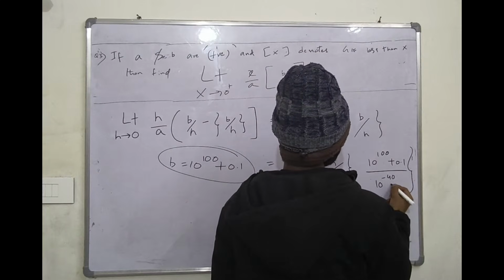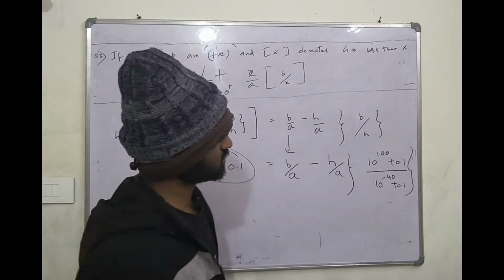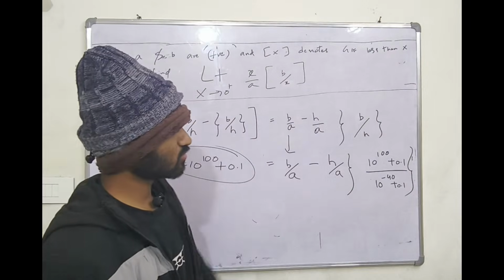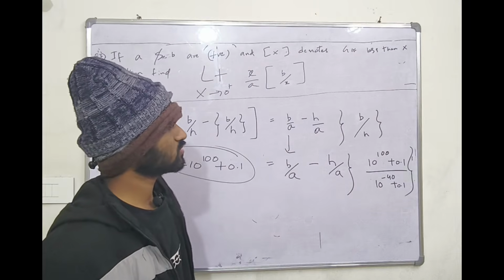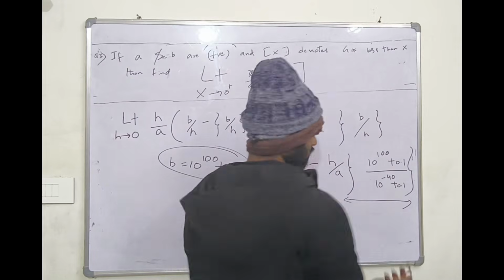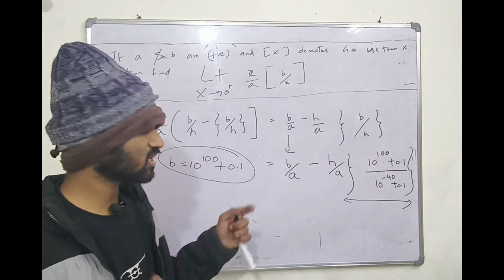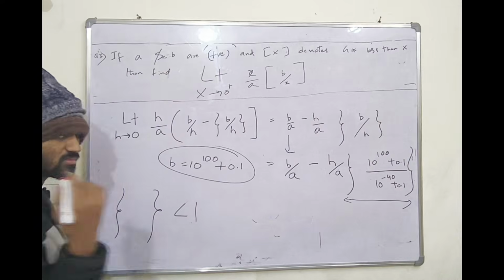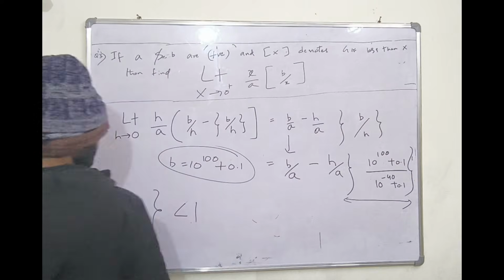So this will give some 10 power 140 plus something something point. Okay. So again, whatever point value you get, the fractional part must be less than 1, and the fractional part must be positive. Okay, it must be less than 1 and it must be positive.